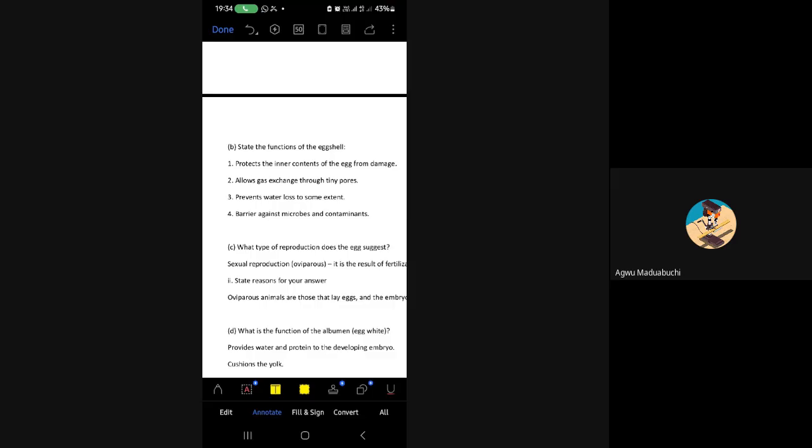Yes, ma'am. And that is why they copulate. Then another thing about that egg is that it undergoes internal fertilization. Although birds are oviparous, they undergo internal fertilization. What is internal fertilization? Before the yolk is covered with the albumin, it must have come in contact with the sperm. So fertilization would have taken place within the female animal before the egg is laid.